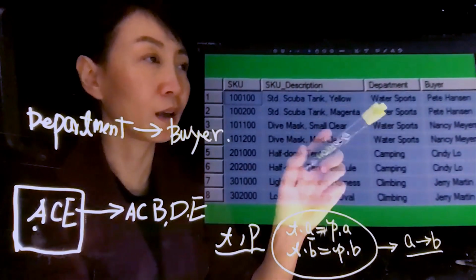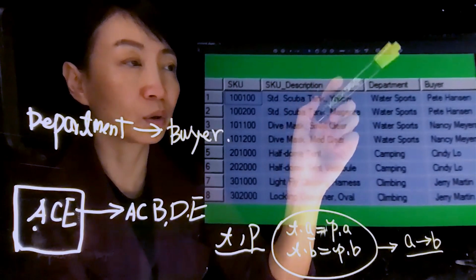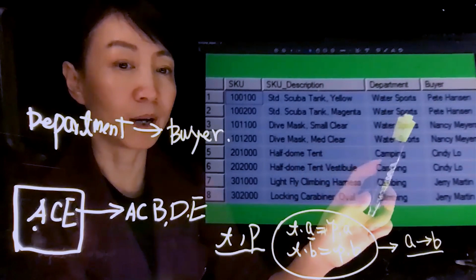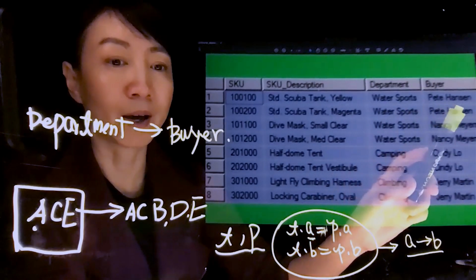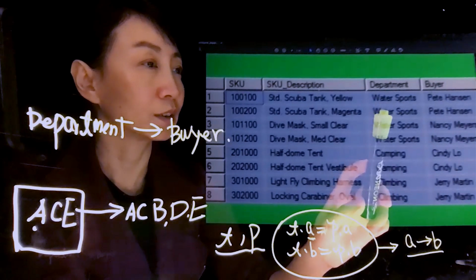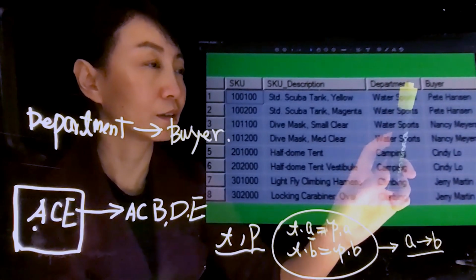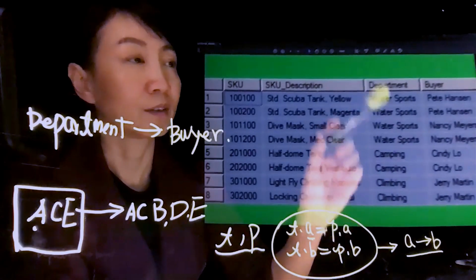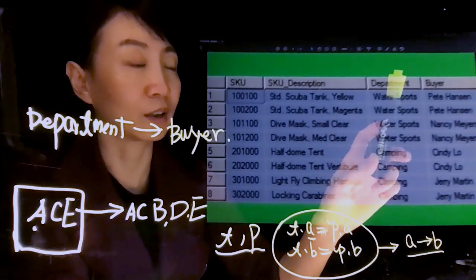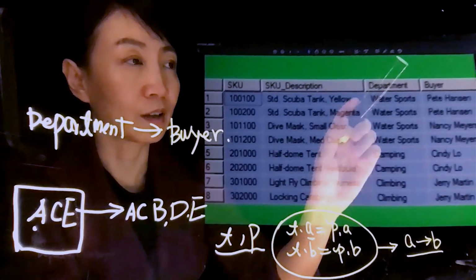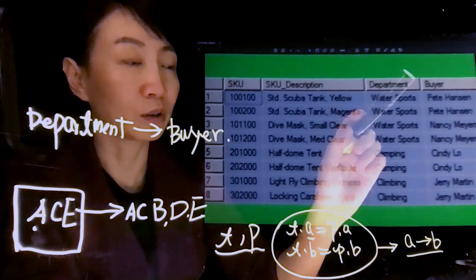So let's see. The first 2 rows do have the same department and the same bio as well. However, this doesn't take place for row 2 and row 3.